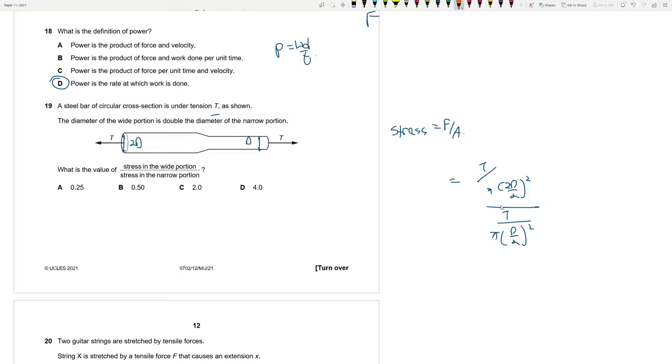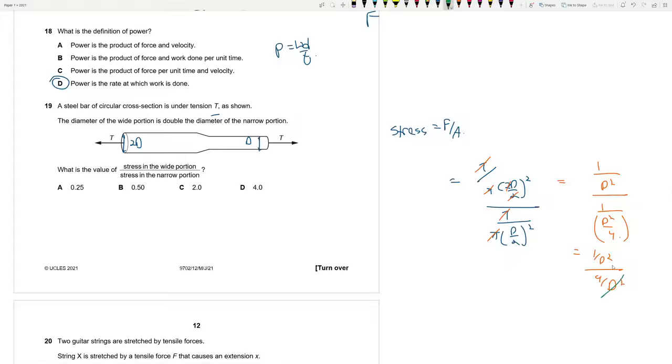Okay, so we can get rid of the T's, we can get rid of pi's, we can get rid of these 2's. So 1 divided by D square divided by 1 divided by D square by 4. So after reciprocal, you're going to end up with this. Here we end up with 1 by D square divided by 4 by D square, right?